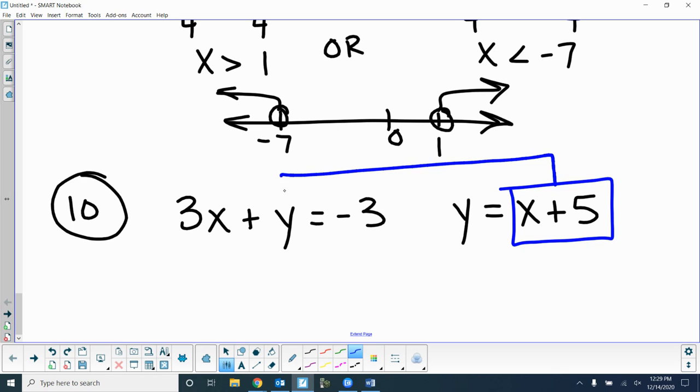that means substituting x plus 5 in place of the y in the other equation. Make sure you go into the other equation and use substitution.